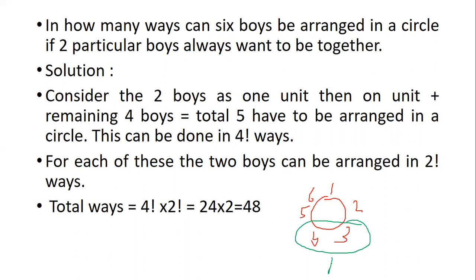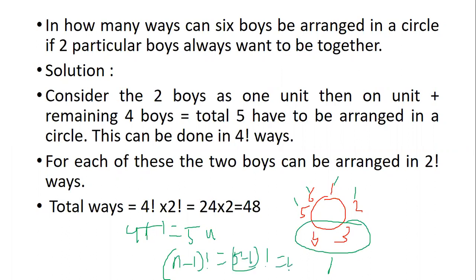Now apart from these 2, we have other 1, 2, 3, 4 of them. So 4 plus 1, which is equal to 5 units. Now how do we solve the circular permutation? By using the formula n minus 1 factorial. So which is nothing but 5 minus 1 factorial, which is 4 factorial.